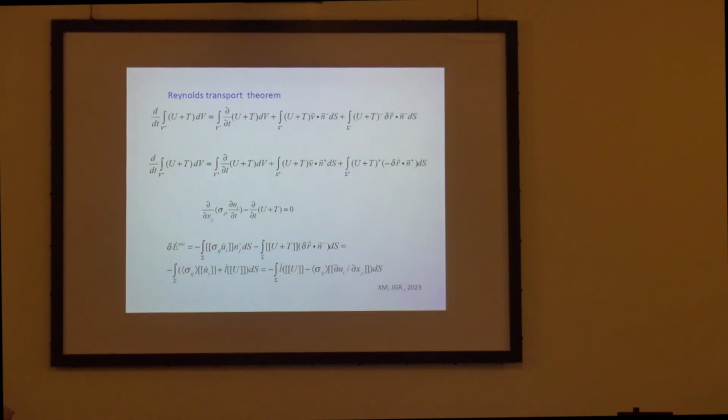But from the conservation of linear momentum multiplied by the velocity, we obtain this energy momentum relation here. So this volume integral can become a surface integral from the divergence theorem.